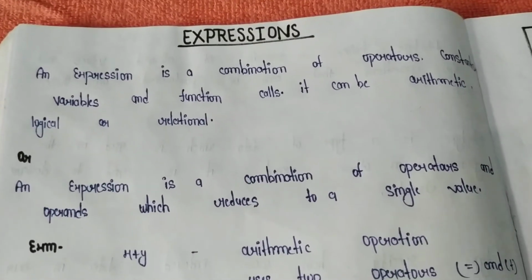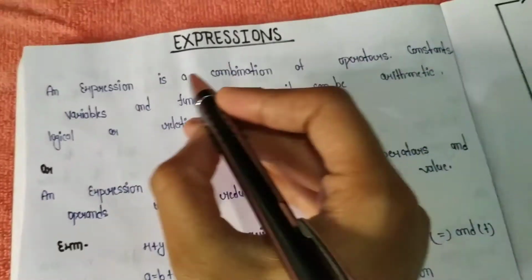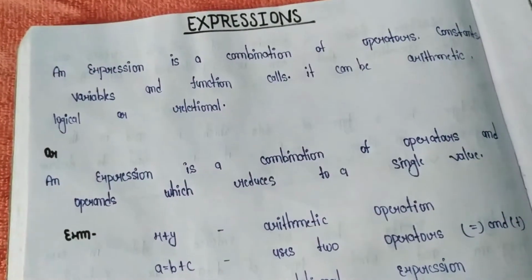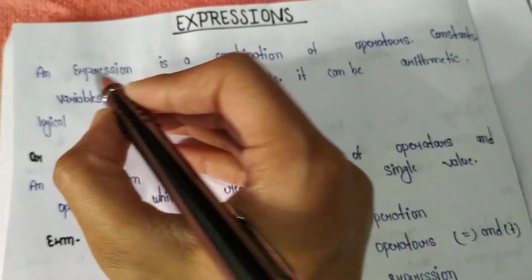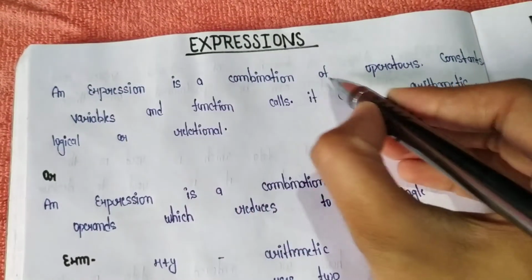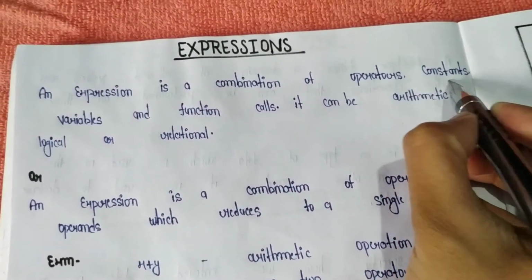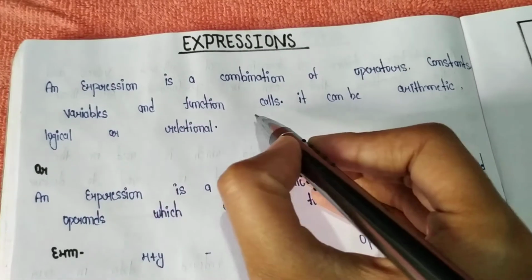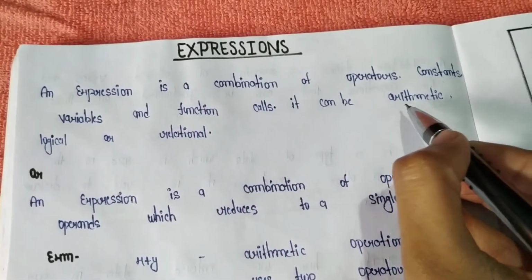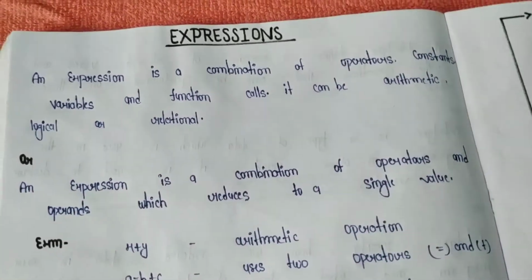So first of all, what is an expression? The first definition: an expression is a combination of operators, constants, variables and function calls. It can be arithmetic, logical or relational. Clear?